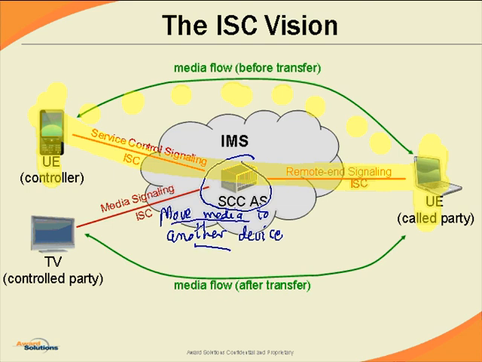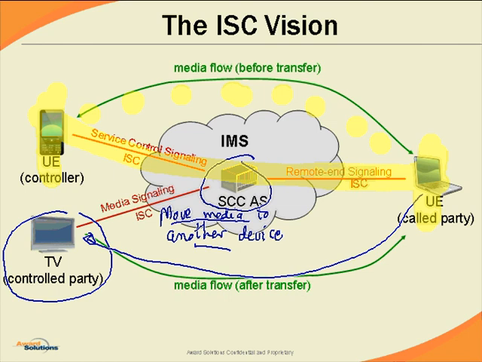So we can move the media to, let's say, high definition TV. So now the media is flowing between the UE and some other device, not the UE, but some other device such as TV.